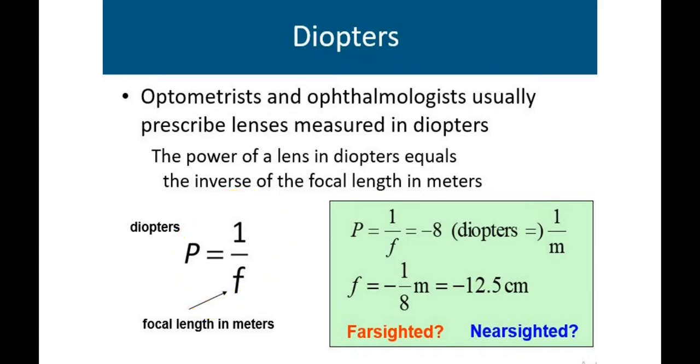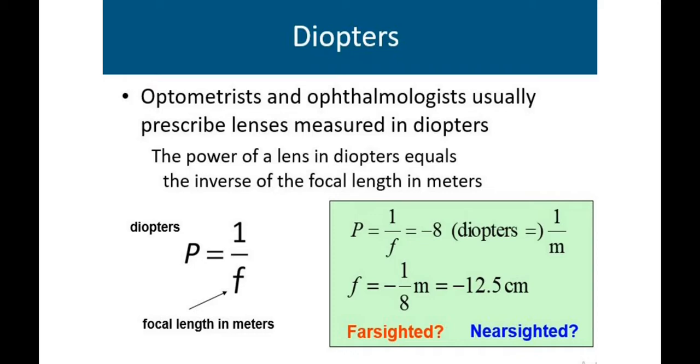That we can talk about the power of a lens. Power of a lens is measured in diopters. A diopter is equal to 1 divided by the focal length in meters. So if a lens has a focal length of 1 meter, then it is 1 diopter, okay?